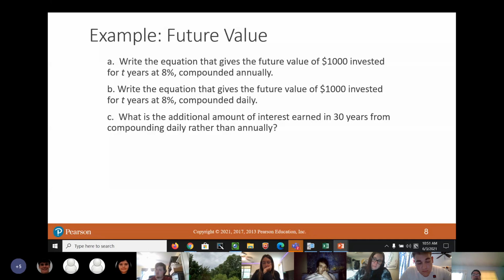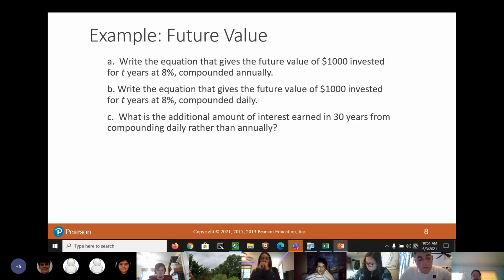What is the additional amount of interest from compounded daily than annually? So keep it at 15. We're gonna change C from 30 years to 15. We're going to compare all three of them to 15 years.